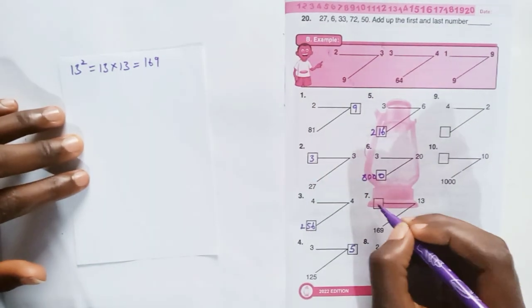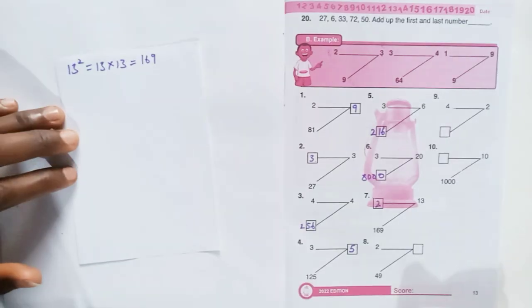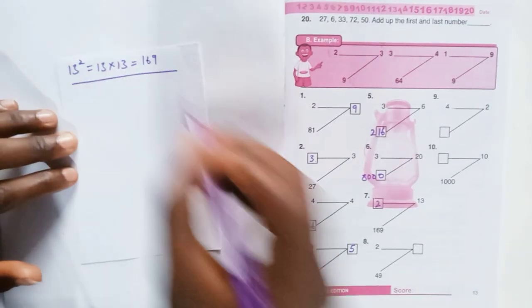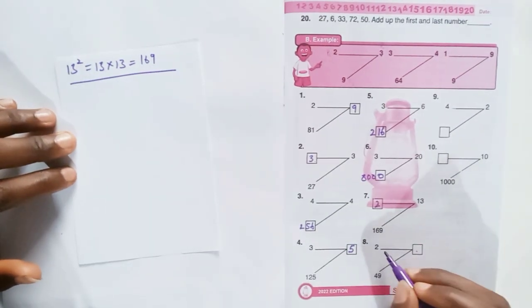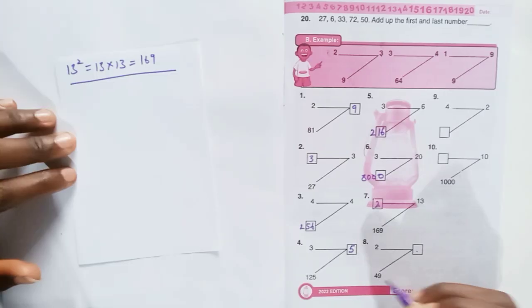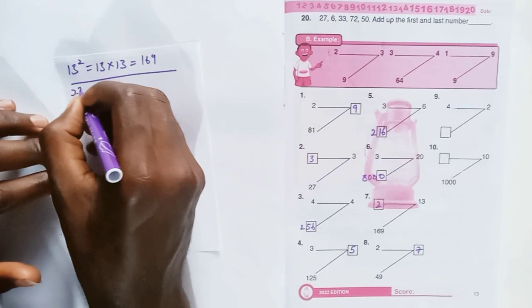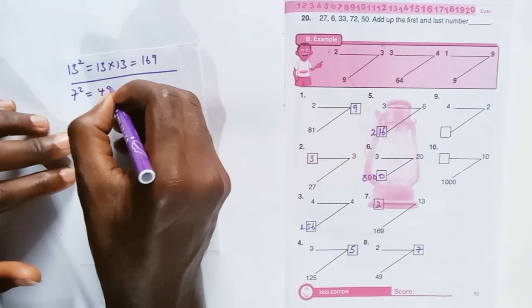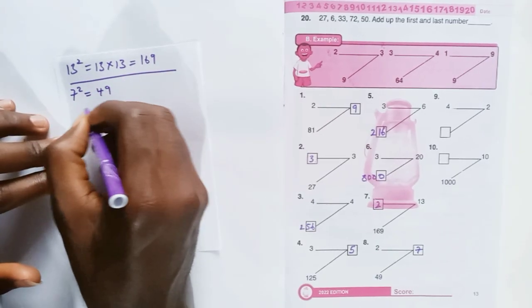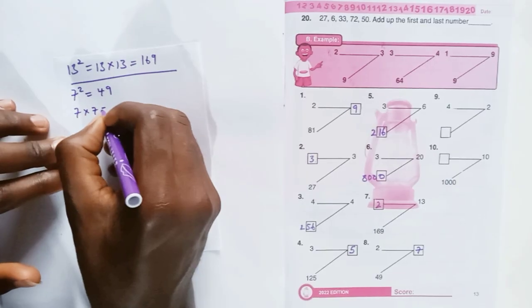So this will be 2 here. Next one will be number 8. What raised to the power of 2 is 49? That will be 7. Okay, 7 raised to the power of 2 is 49. Why? 7 times 7 is 49.